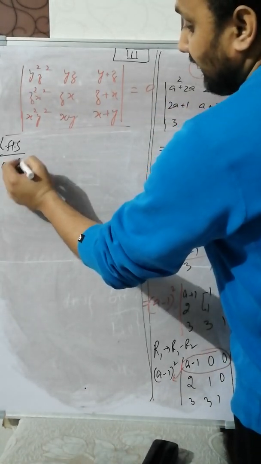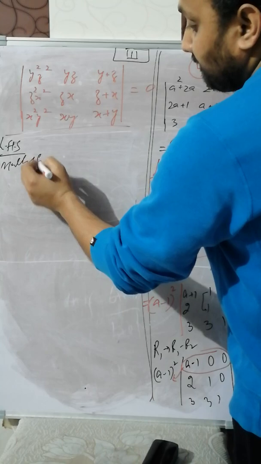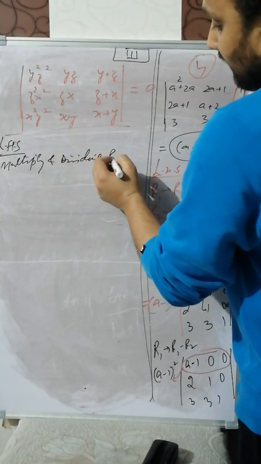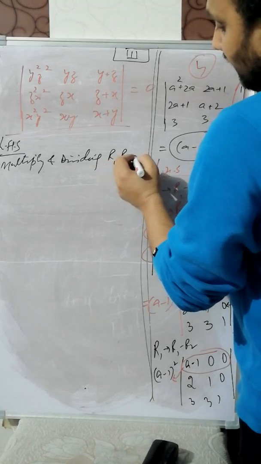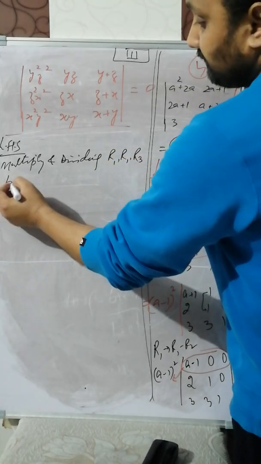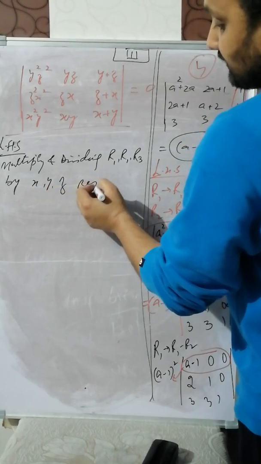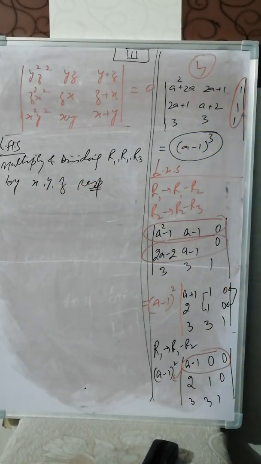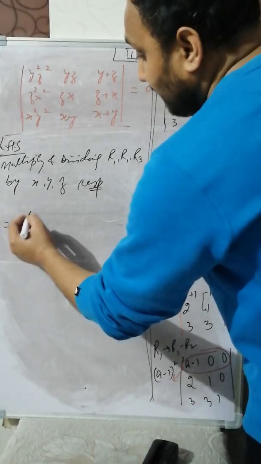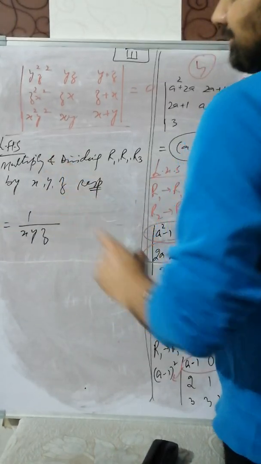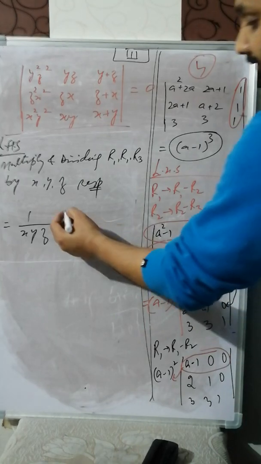So you always write multiply and divide R1, R2 and R3 by X, Y and Z respectively. What happens when you divide them? All the things that you divide will come outside. 1 by X into 1 by Y into 1 by Z will give you 1 by XYZ.